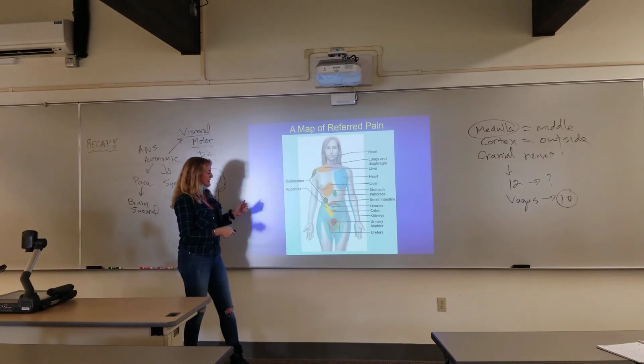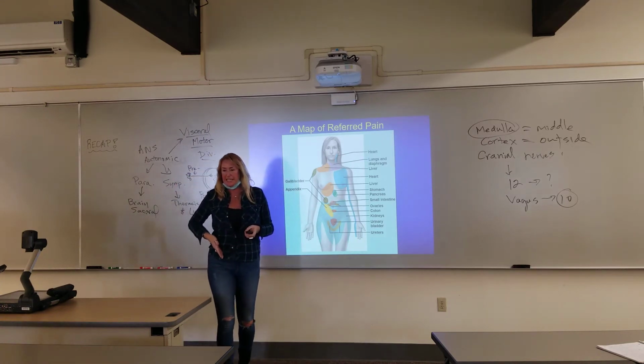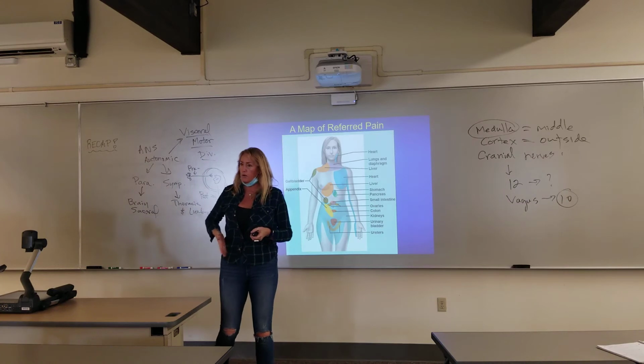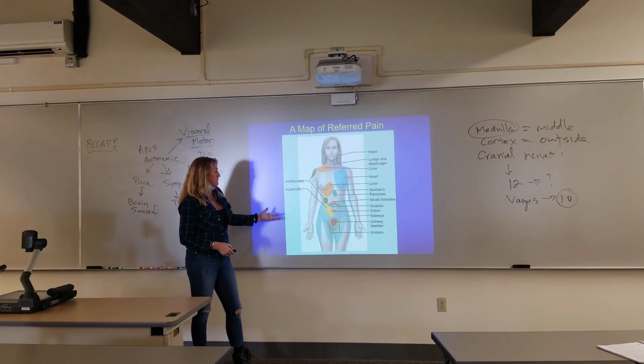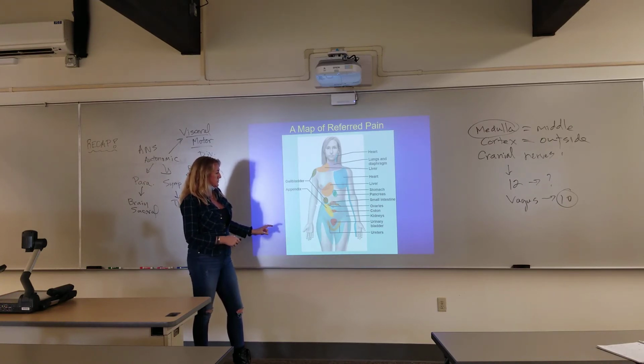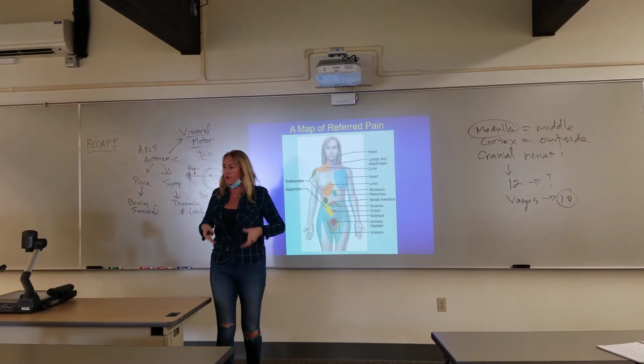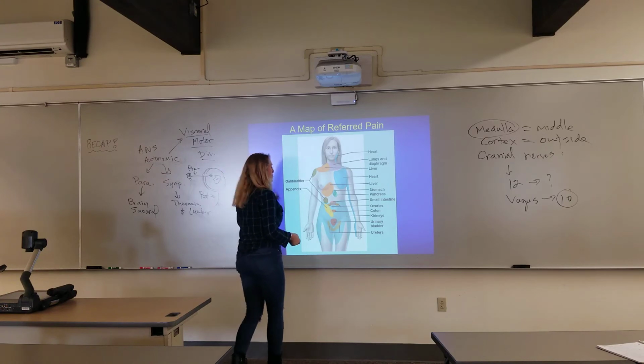So for example, an appendix, usually it's kind of in a disc-shaped sort of structure right on the right side of your abdomen. Heart attack, like I showed you here. For things like the colon, just below your belly button. Ureters, interestingly enough, come from your kidneys, which are up here, but where you feel them is down below, in your groin, your upper thighs and the lower part of your groin.